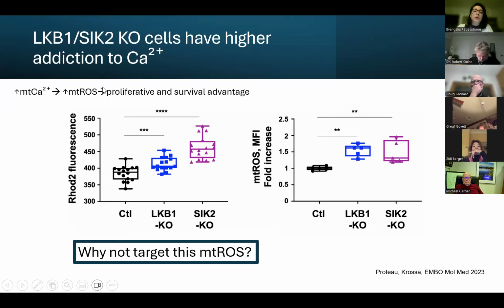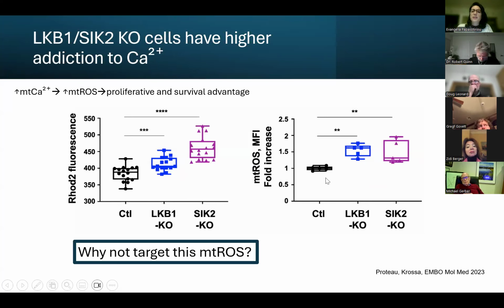So we spoke before about calcium metabolism, and it's known from the scientific literature that high mitochondrial calcium results in high mitochondrial ROS, which gives a proliferative and survival advantage to cancer cells in most cases. So they also validated this with another set of experiments, and they have seen that LKB1 or SIK2 loss results in a higher, as they call it, addiction of metastatic uveal melanoma cells to calcium.